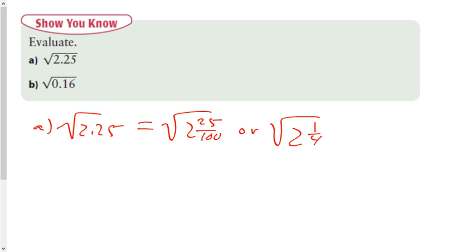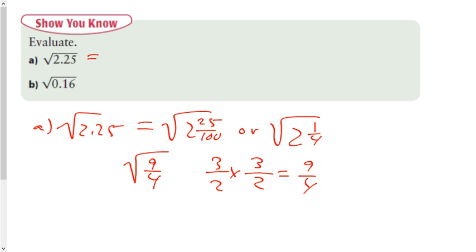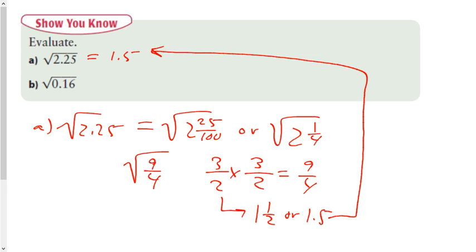Can I calculate that because it is a perfect square? Yeah, it's 9 over 4. Which means what fraction times what fraction is 9 over 4? The answer is 3 over 2. And therefore, the square root of that is 1.5, or 3 over 2. We just did that one, so it's not so complicated.